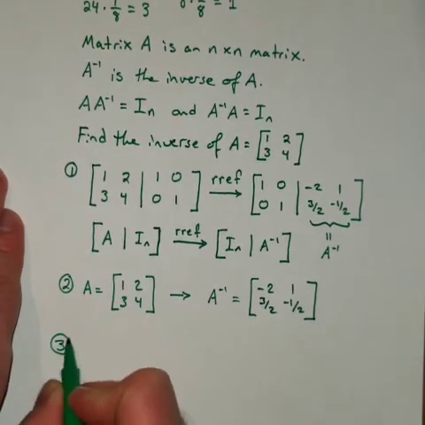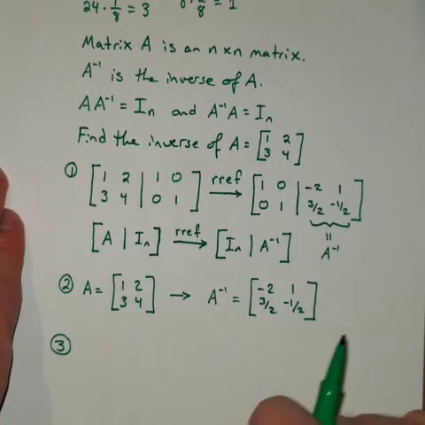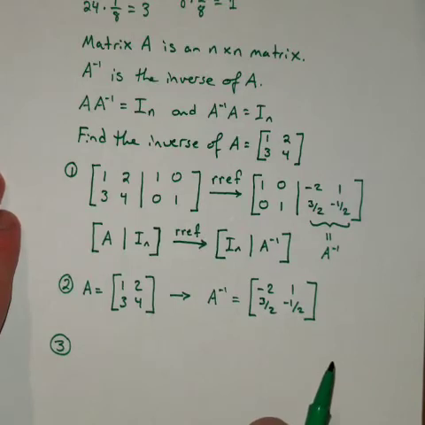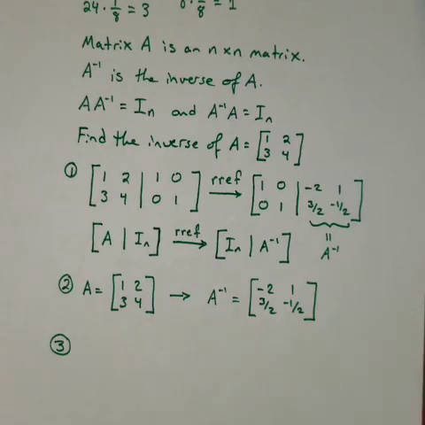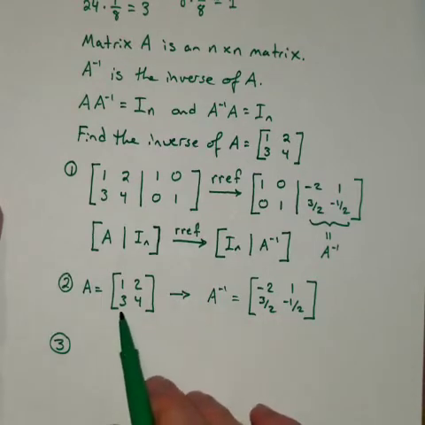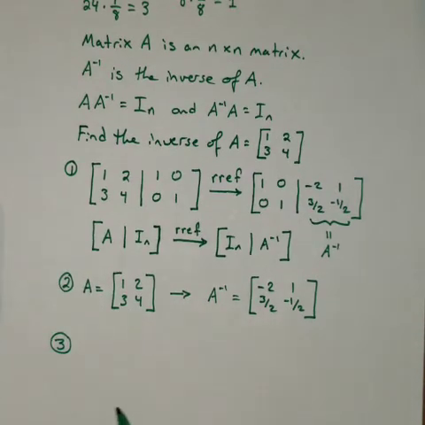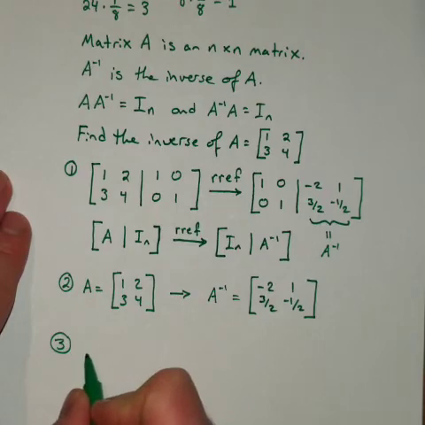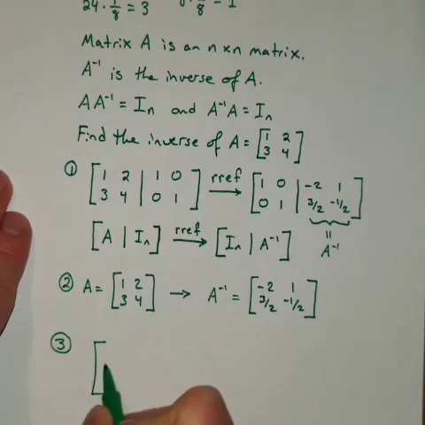Option number 3, and this one actually is probably my favorite because I don't need the calculator. If I can avoid using the calculator, I do. With a 2 by 2 matrix, you can find the inverse simply by, let me write this a little bigger. 1, 2, 3, 4.